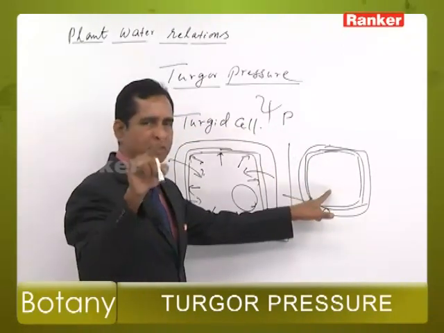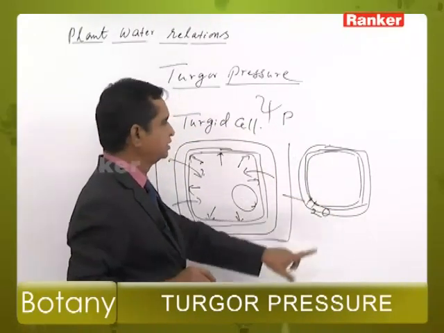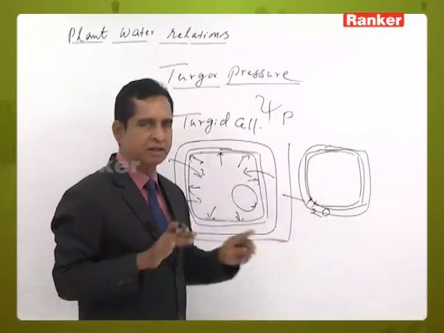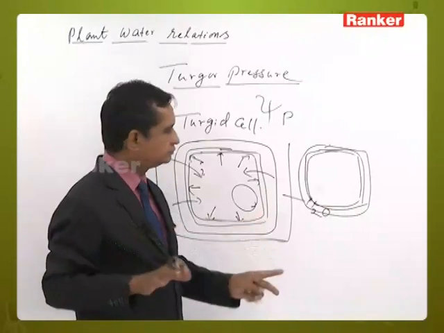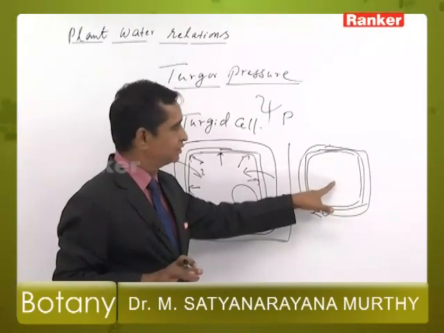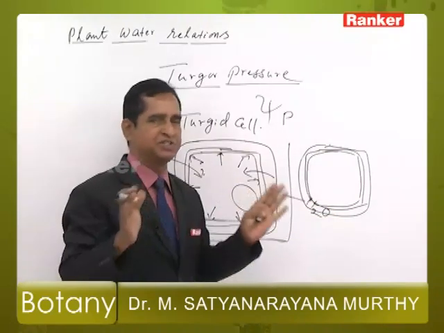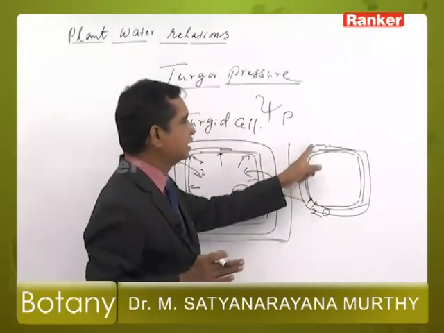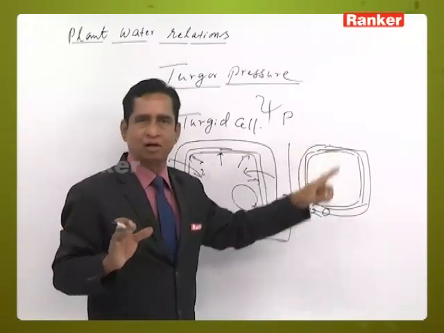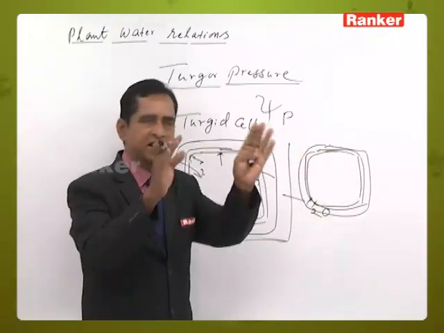in an isotonic solution, means the concentration inside and concentration outside are equal. The cell will not absorb water and the cell will not become turgid. The cell retains its original size. The cell wall remains in its normal position.